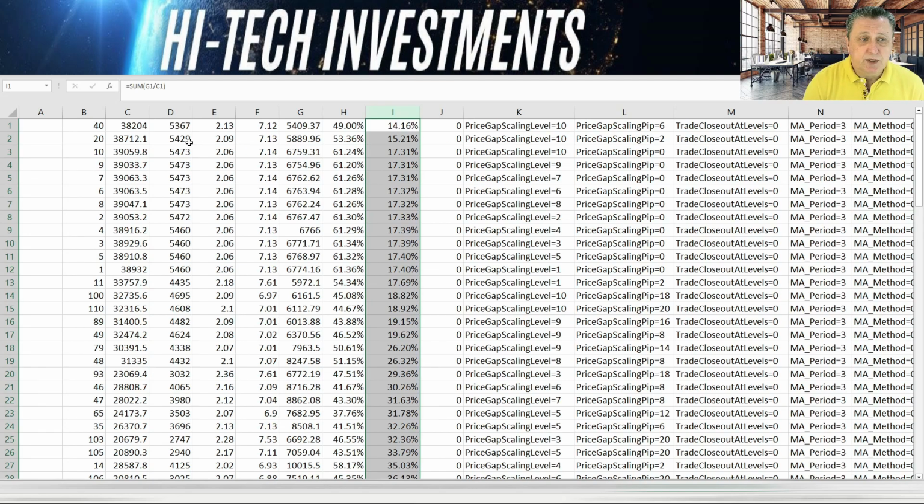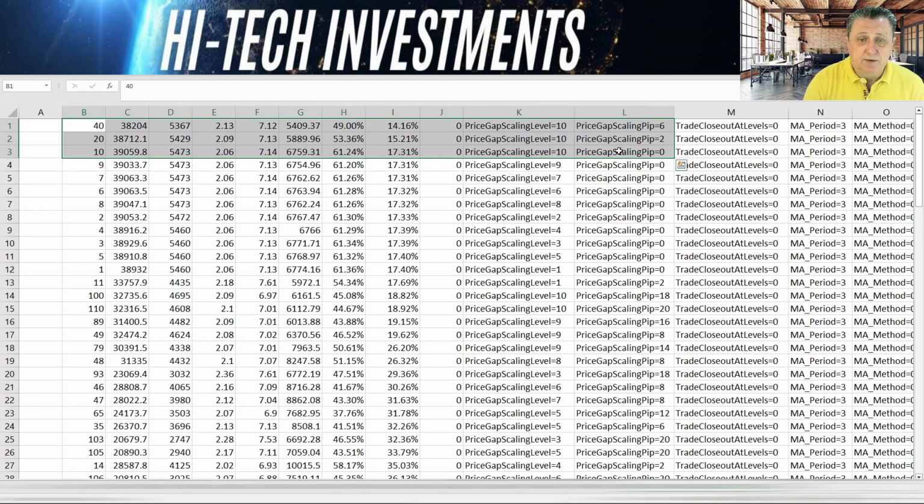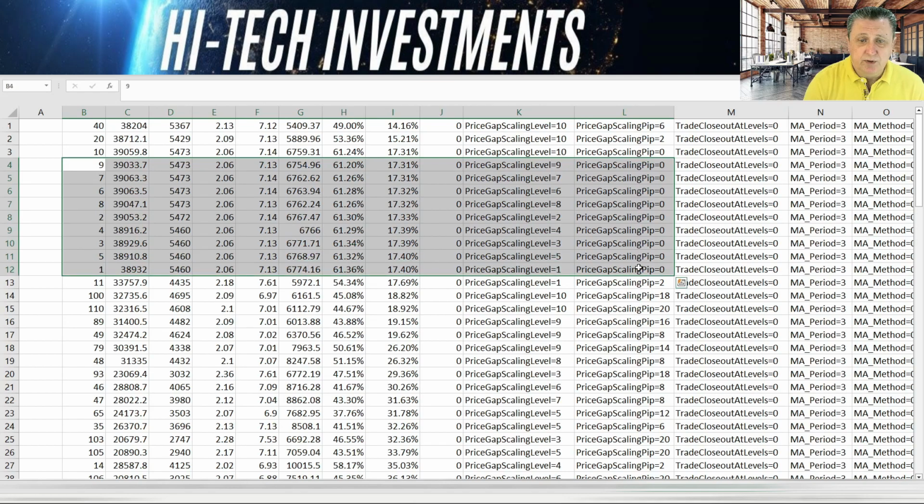The first thing we see here is that the price gap scaling is at 10, and 0, 2, and 6 are the best ones. You can see there are quite a few where it says you shouldn't do any price gap scaling in the first place. The system is actually okay and working.